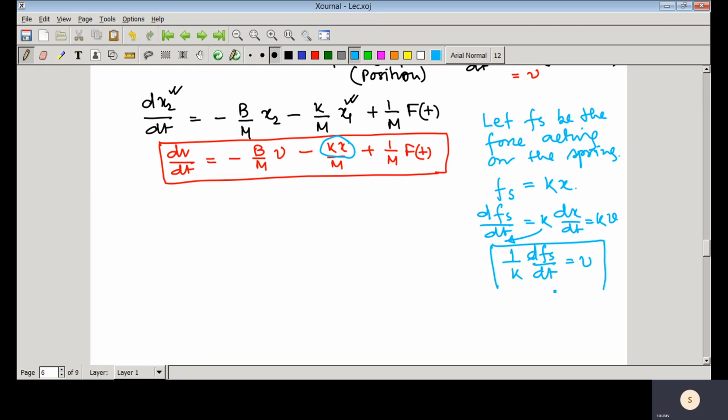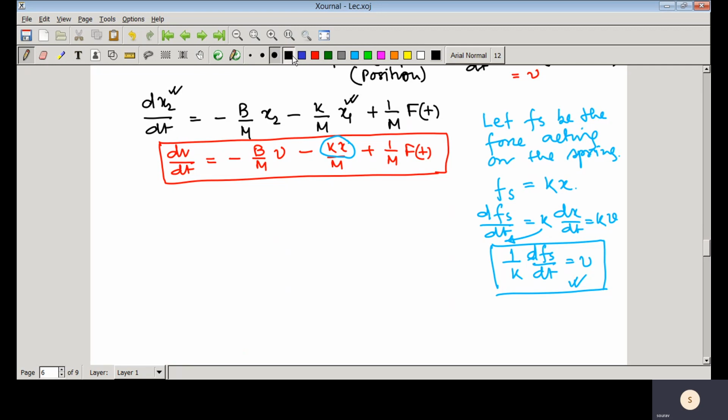So we have that relationship: if Fs is the force acting on the spring, then the velocity is equal to 1 by k into dFs by dt.